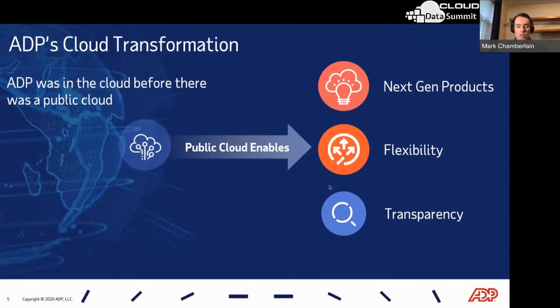Everything from how is it being used to how are you responding to the needs of your customer to being able to provide transparency, leveraging new services that might provide insights that your customers never thought they needed or never had. So there's a lot of enablement possible by using the public cloud just based on the amount of things that are being offered from a services perspective, the flexibility that's out there, and the transparency as well.